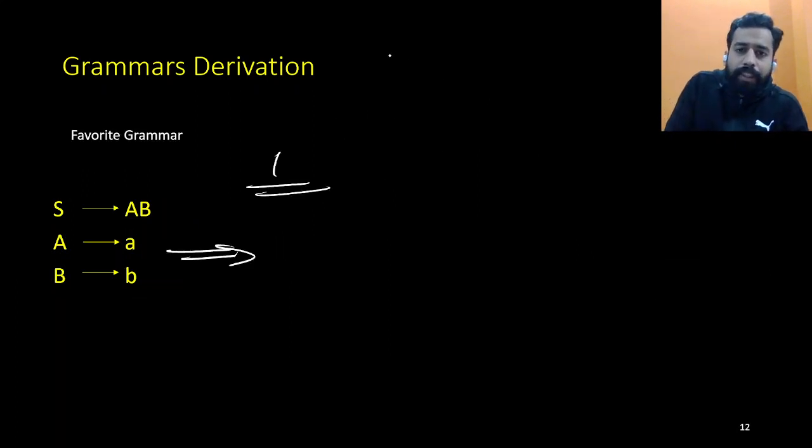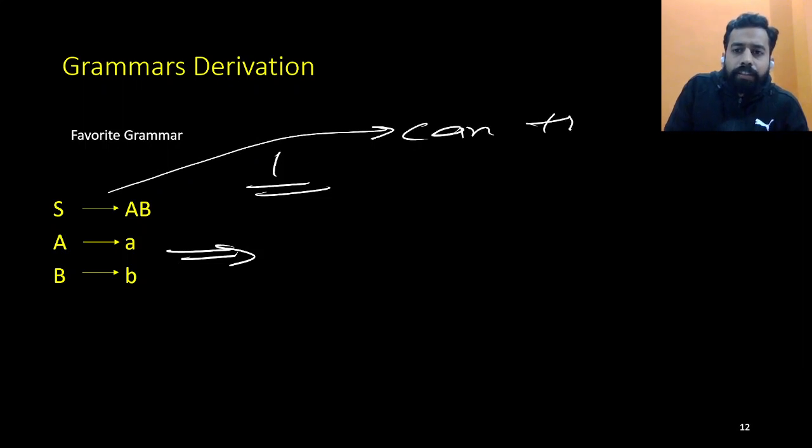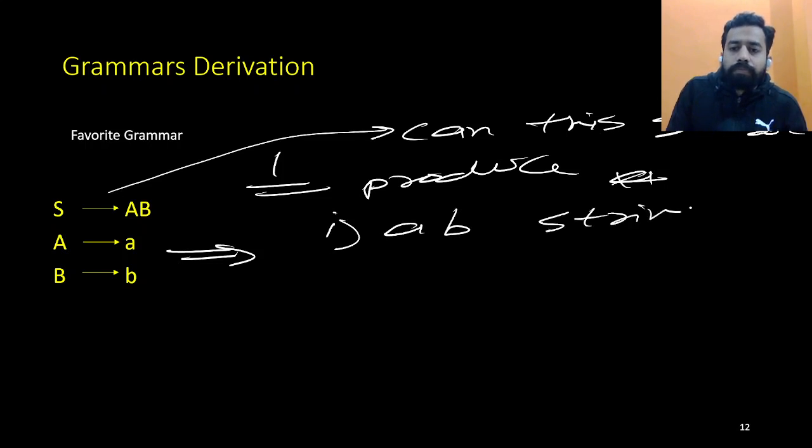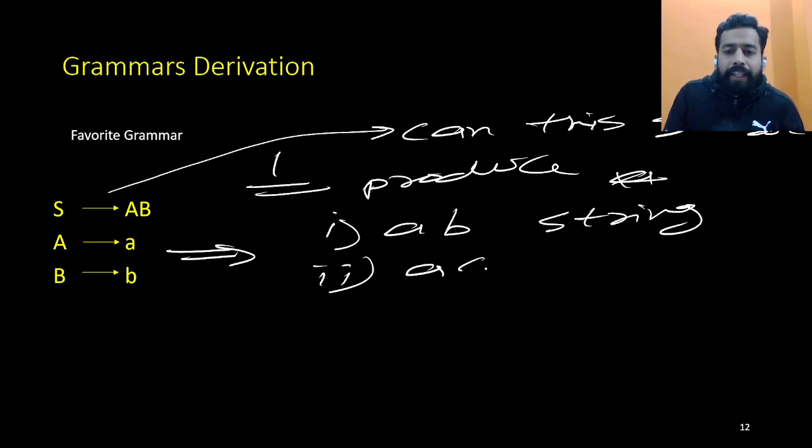Okay, so if I say this is our favorite grammar, where S is giving AB, my question is: can this grammar produce the AB string? And my second question is: the AC string?